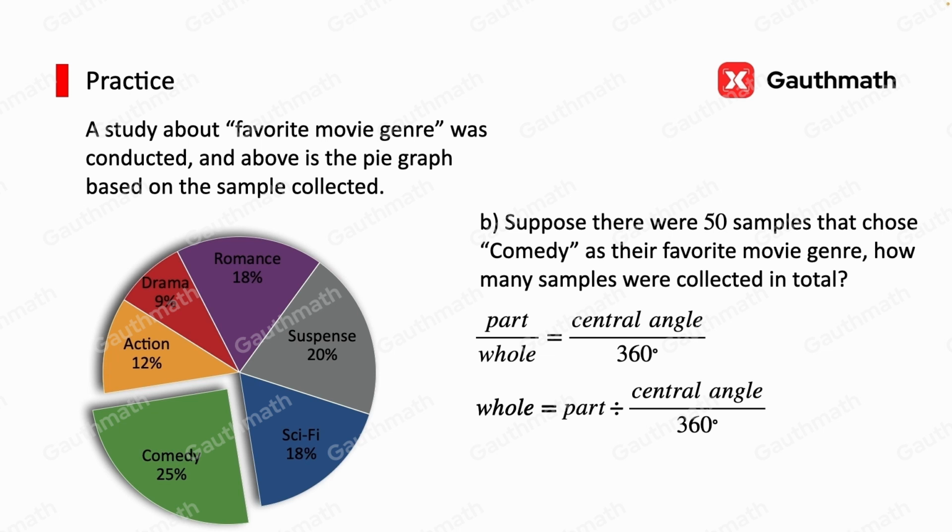But we know that the proportion of comedy is 25%. That means the central angle over 360 is 25%. And the part is equal to 50 because the question said there were 50 samples for comedy. Okay, now we can calculate the final answer. 50 divided by 25%, that is 200.